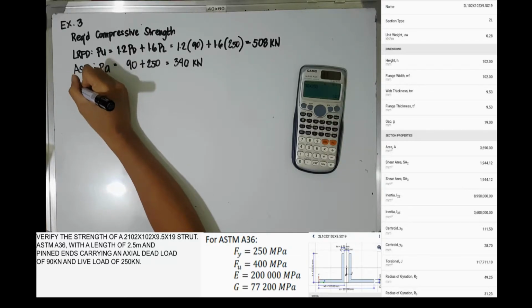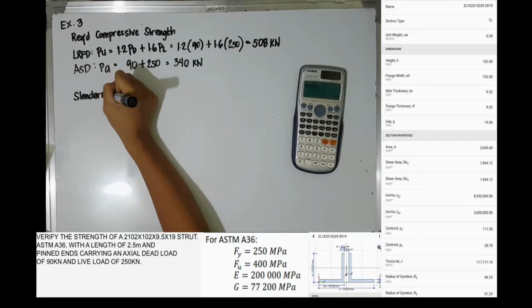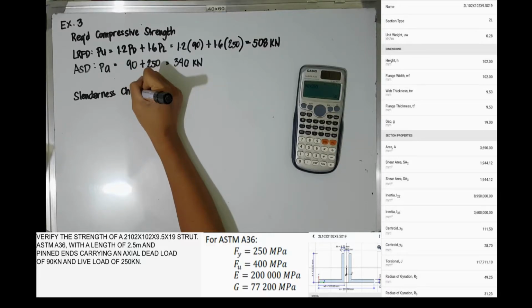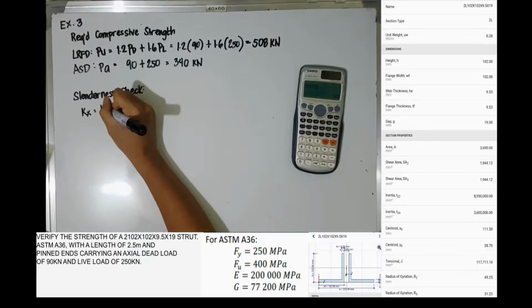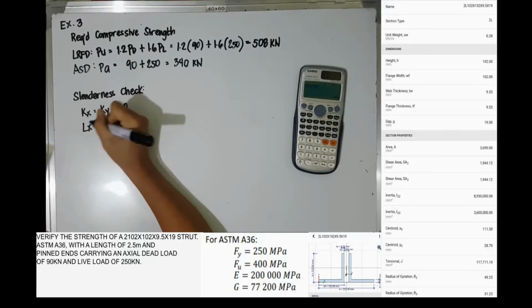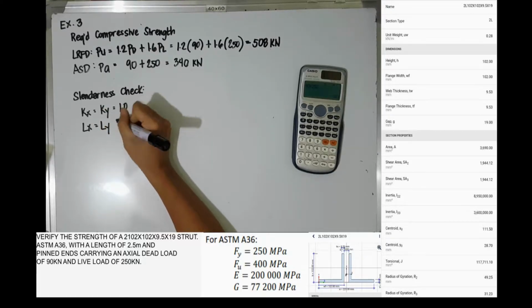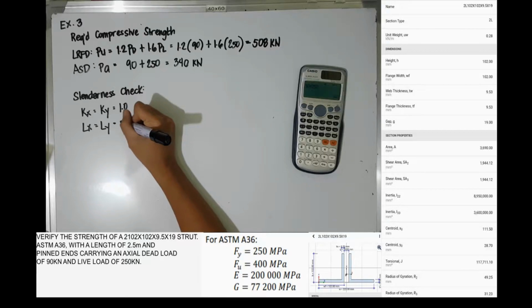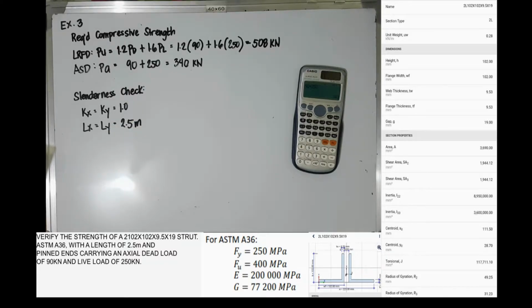So the next step is to determine the slenderness limit, or let us check for the slenderness limit of this section. So the effective length factor is equal to 1.0 because it is pinned at both ends, and then the length is 2,500 millimeter.